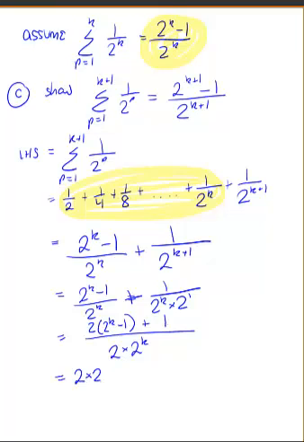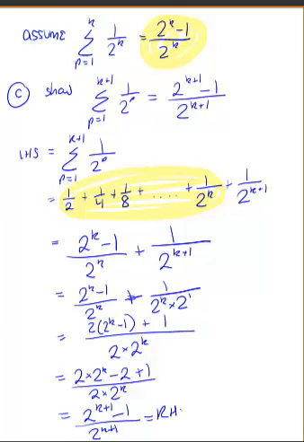So now I have 2 times 2 to the k minus 2, I've just expanded the brackets, plus 1 all over 2 times 2 to the k. That becomes 2 to the k plus 1. We have a same base. Negative 2 plus 1 is minus 1 all over 2 to the k plus 1, which is my right hand side. So I have to finish with a hence statement, but I don't have enough room.